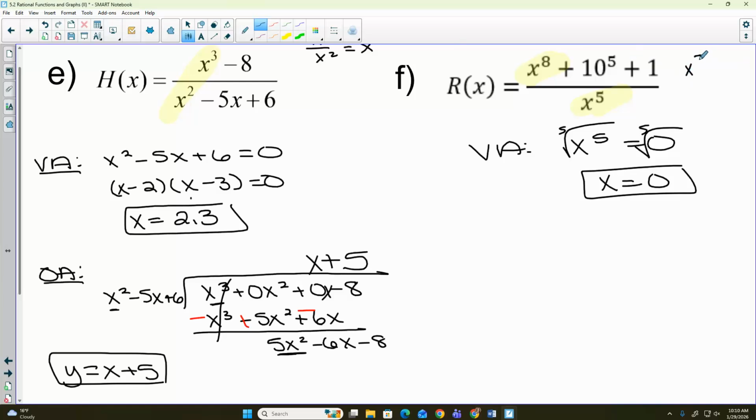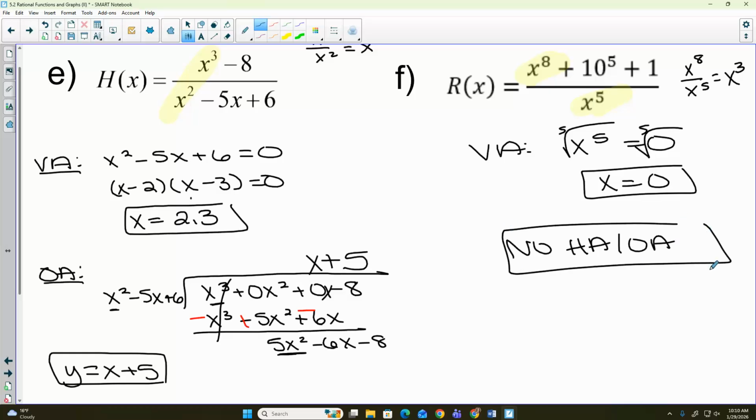If you take x to the 8th divided by x to the 5th, what do you get? Is that a line? Nope, so there is no horizontal or oblique. When you divide, it's not linear, so we don't have any more asymptotes. Asymptotes are only lines.